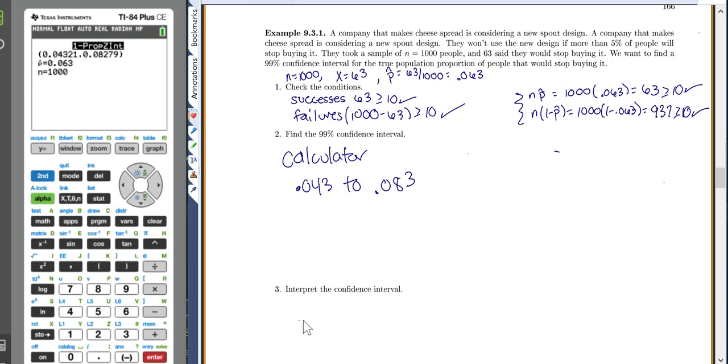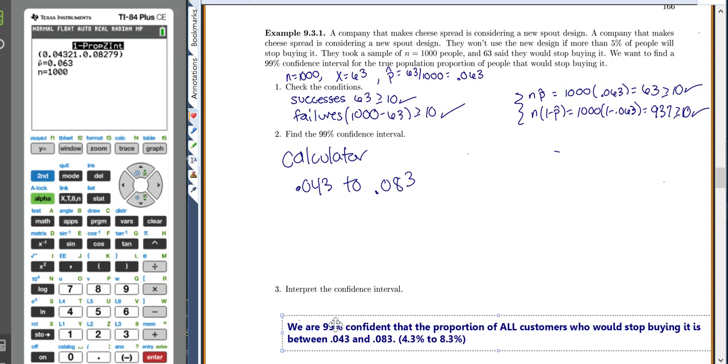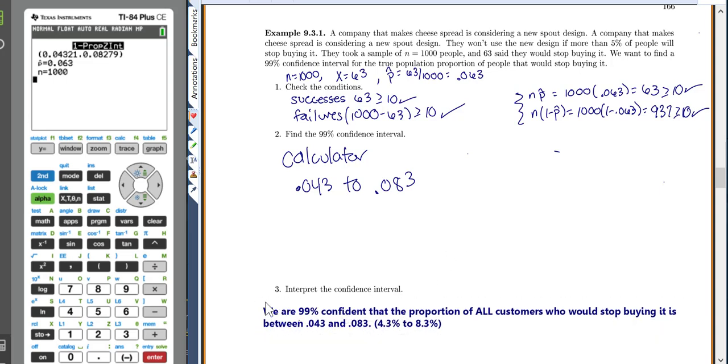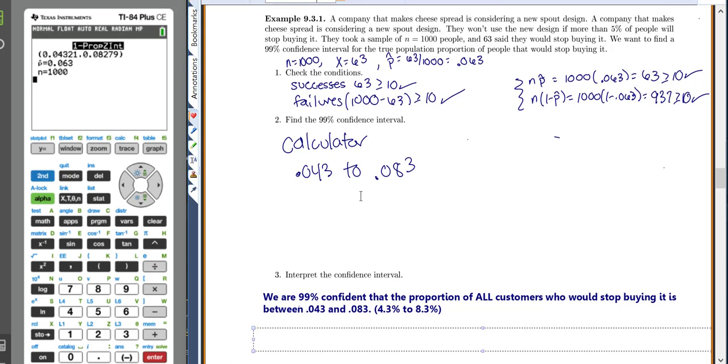And then we can interpret the confidence interval as: we are 99% confident that the proportion of all of our customers who would stop buying is between 0.043 and 0.083. Now, most people like percentages better, so you could say 4.3% to 8.3%. Now, if you remember, the company was not wanting to switch if more than 5% would stop buying.